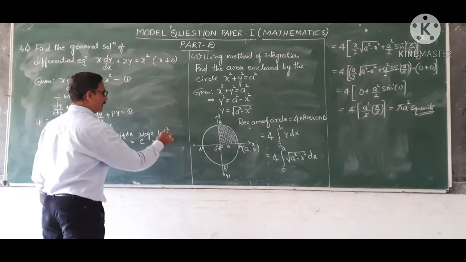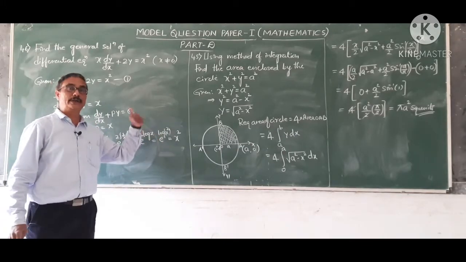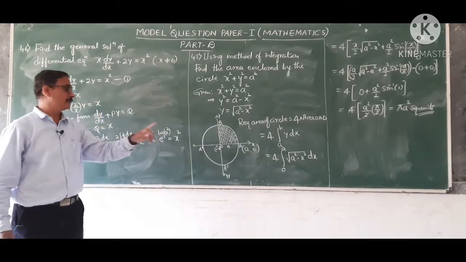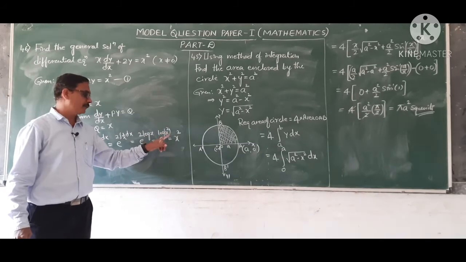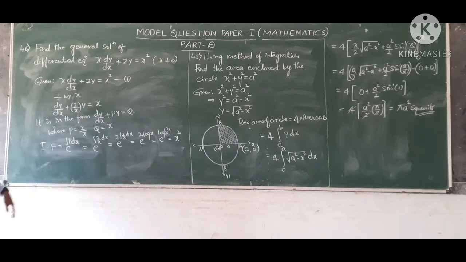Now e power log x square is equal to x square, because as you know that e power log f of x is equal to f of x. What is f of x value? Here x square. So e power log x square is equal to x square. X square is the integrating factor.